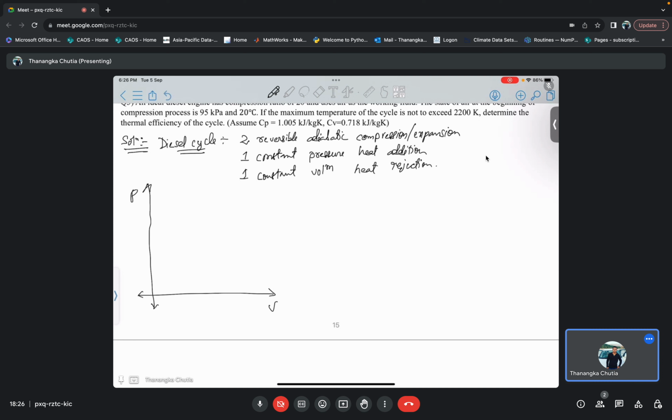Okay, so if this is my compression process 1 to 2, now my heat addition process is constant pressure, so this is my 2 to 3.